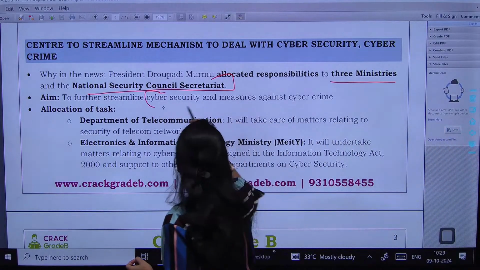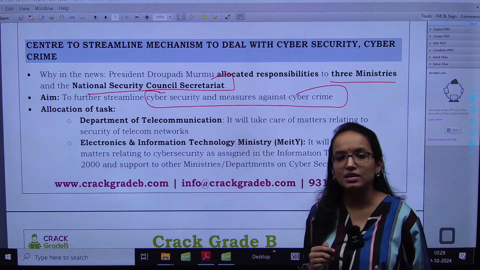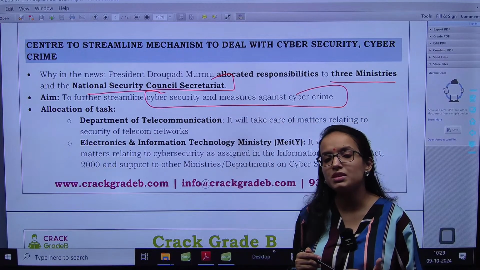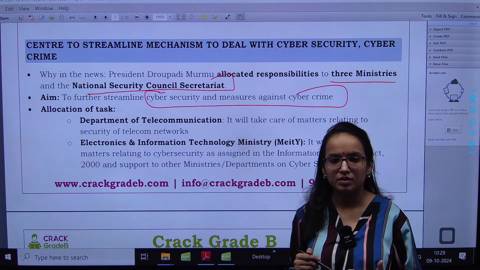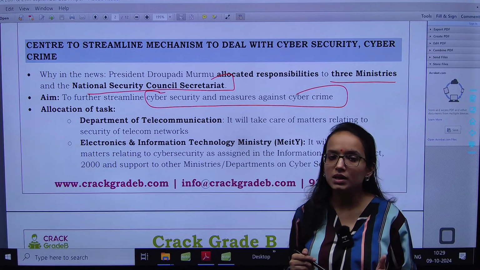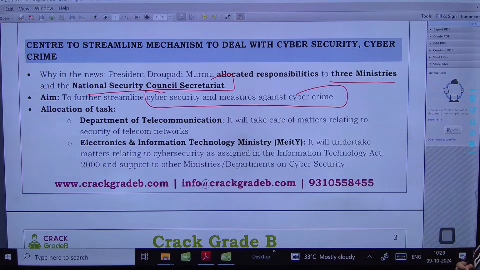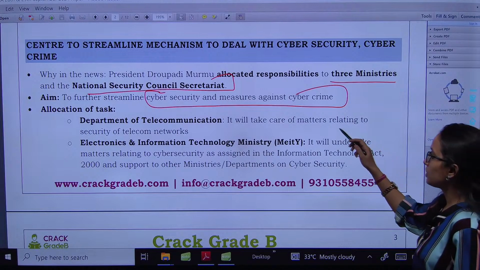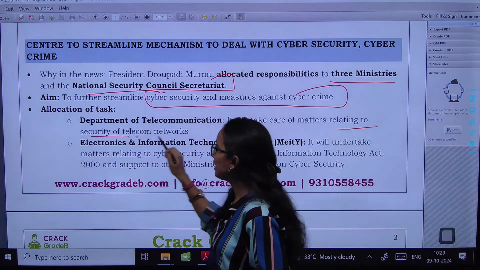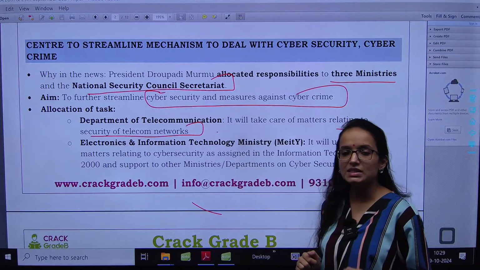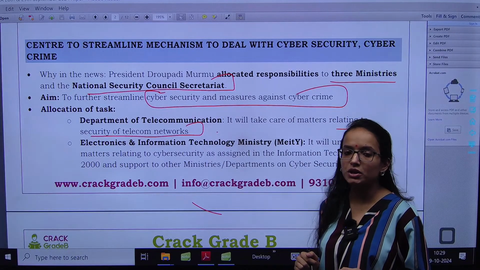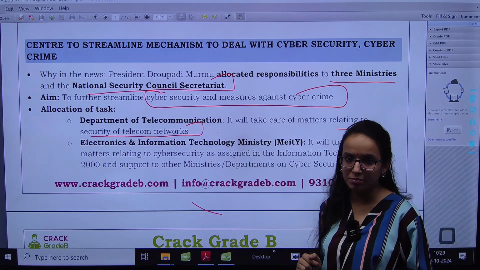So this news becomes important because it is in line with strengthening the cyber security response from India, right? So allocation of the task, if you see, first one is the Department of Telecommunication, which has been allocated matters relating to security of telecom networks, preventing telecom networks from the threat of any form of cyber attacks.